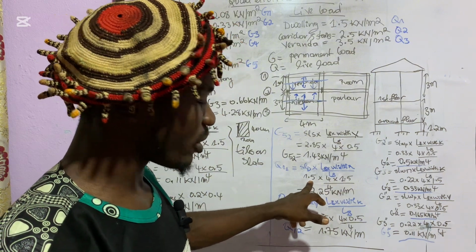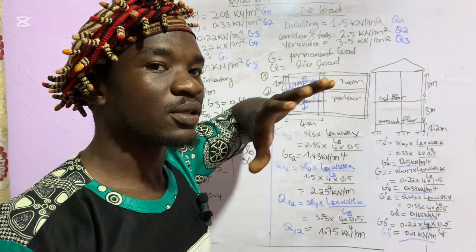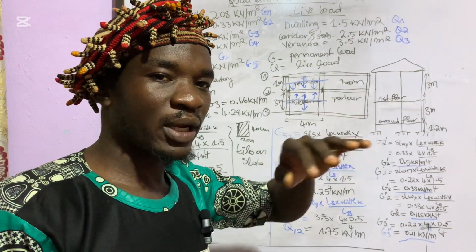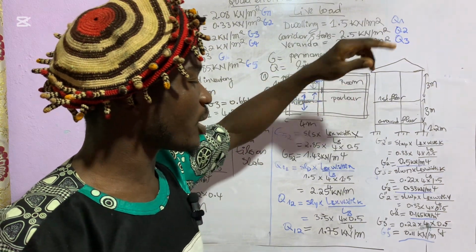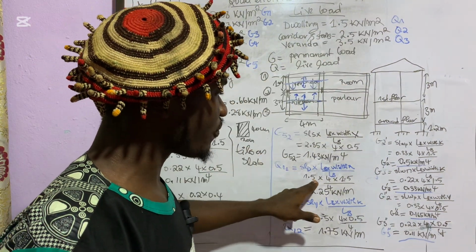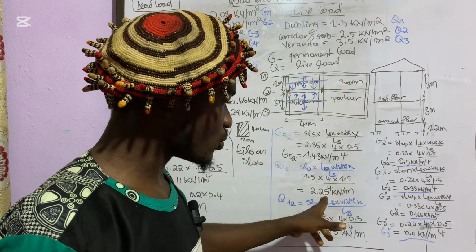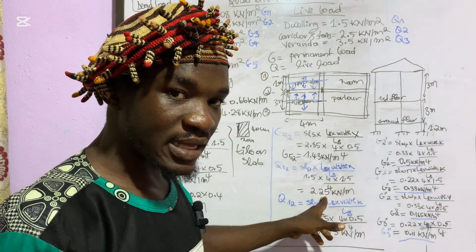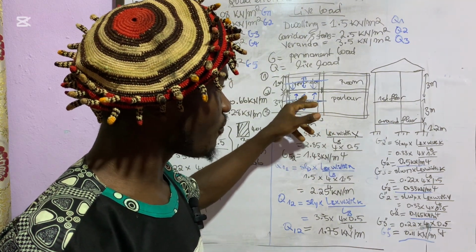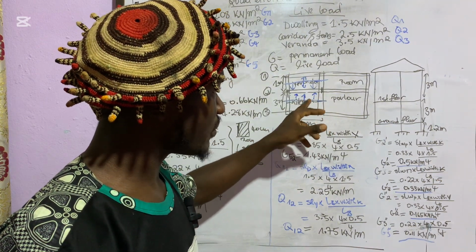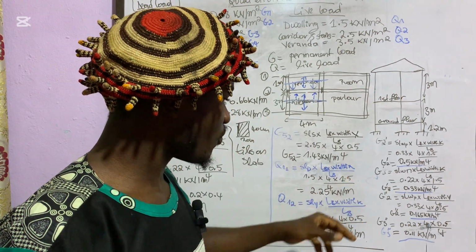That's why you have 1.5 kilonewton here, for a dwelling. Dwelling here generalizes whether it's room, kitchen, or parlor. You take 1.5 kilonewton per square meter. So 1.5 times 4 times 1.5 divided by 4 gives you 2.25 kilonewton per meter. That's the live load for the kitchen. Remember, this is only half of the live load of this slab that is sent on beam 2. That's why we multiply by 1.5 here.